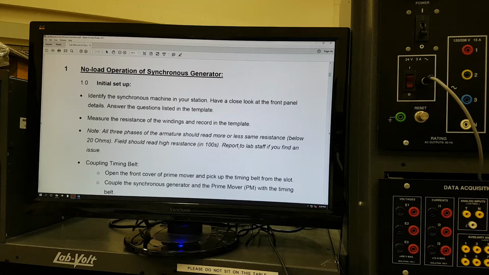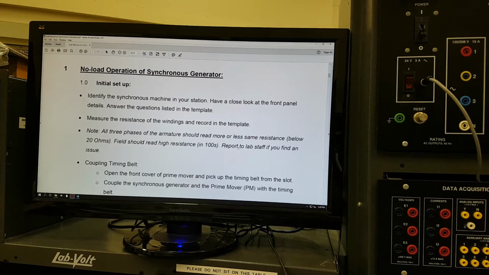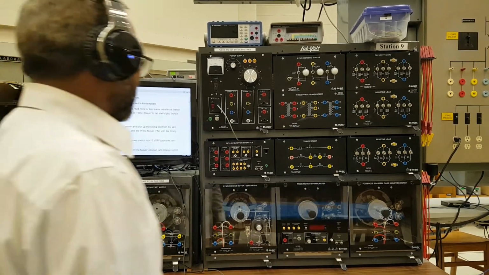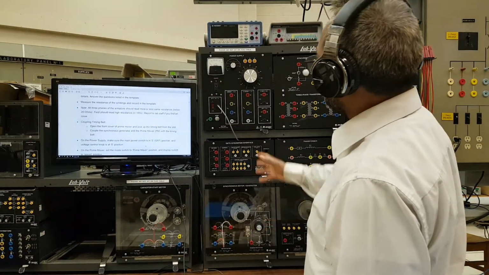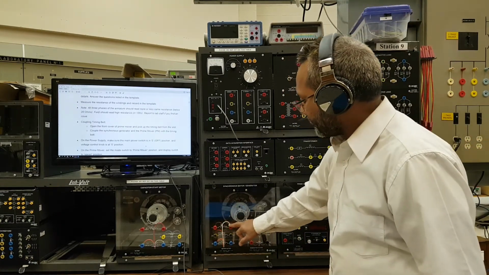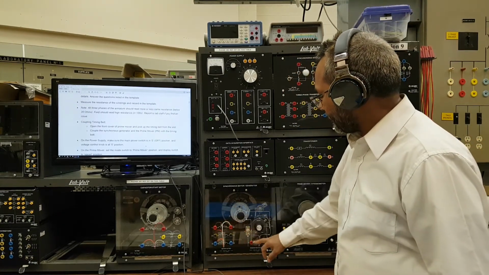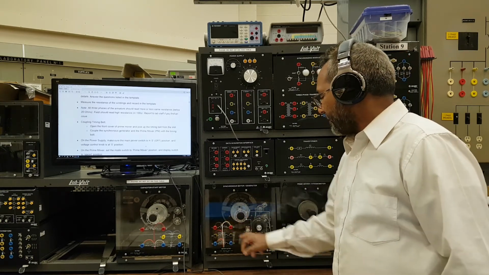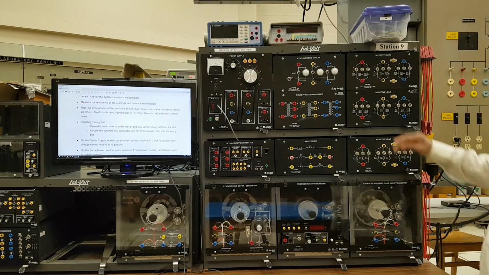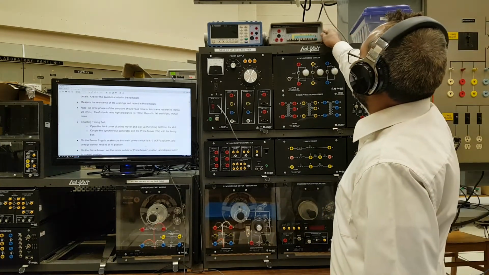Let me show you how to measure the resistance. To measure the resistance, we need a multimeter which measures resistance. These are the windings we will be using: these are the armature windings, and this is the field winding. We'll be using this DMM.